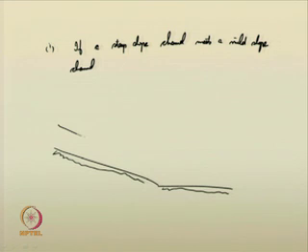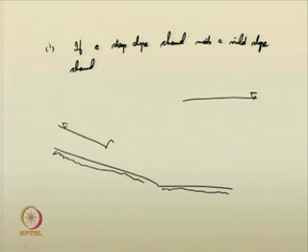Here the depth of flow is low because it is a supercritical flow, and here the depth of flow is subcritical. Now, there is a significant difference in the elevation.